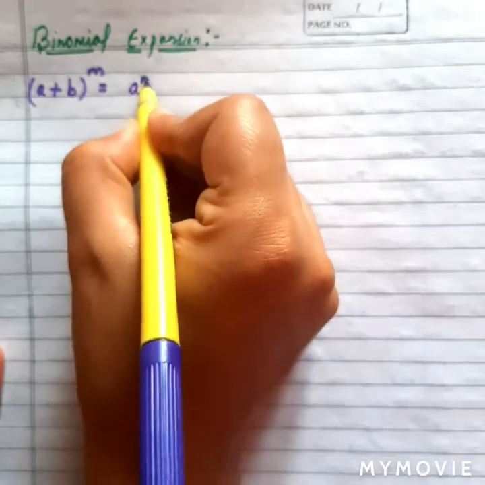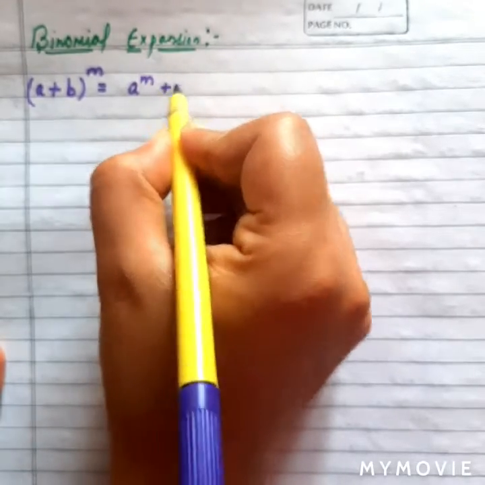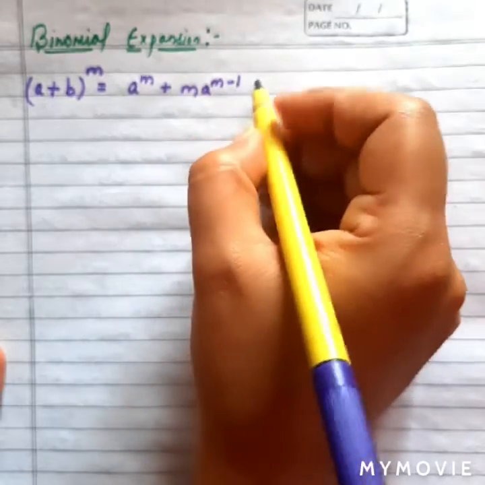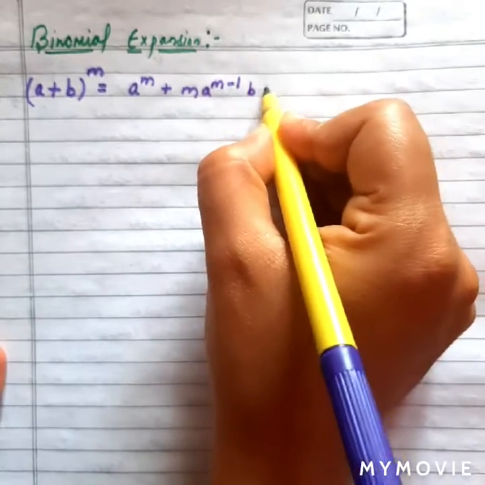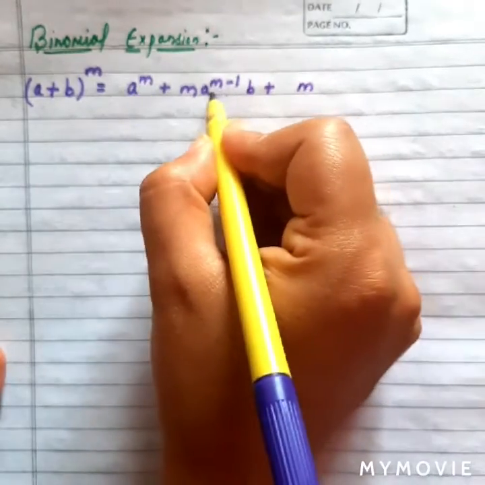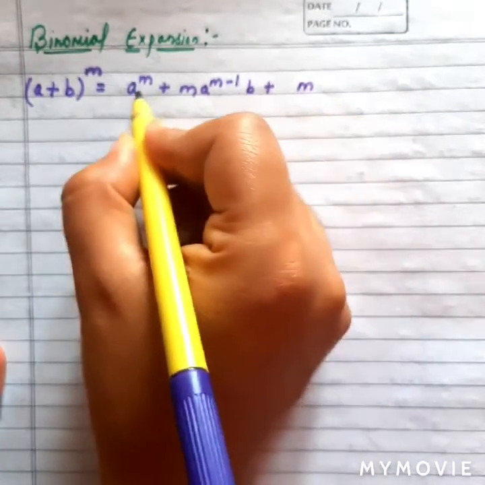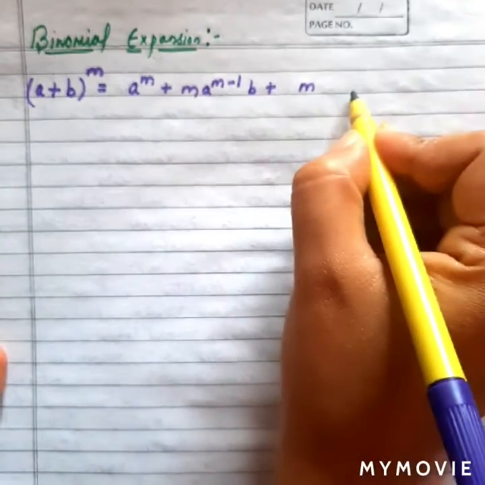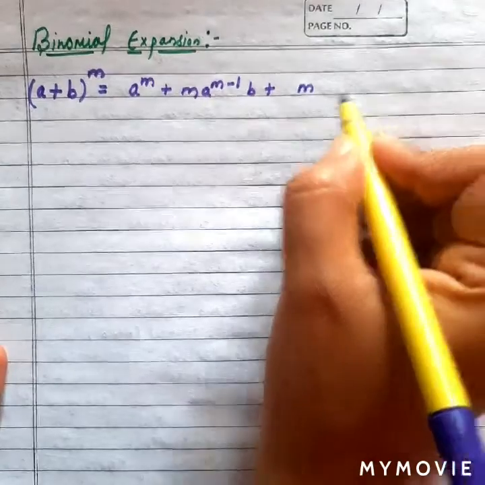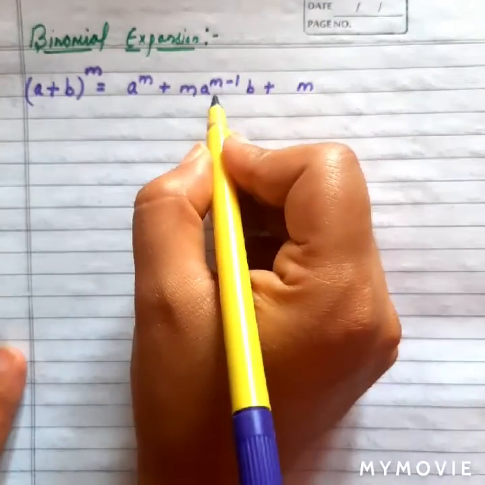a^m + m a^(m-1) b + ... So the power of a will keep on decreasing, the power of b will keep on increasing, and for the coefficients we will apply combinations.